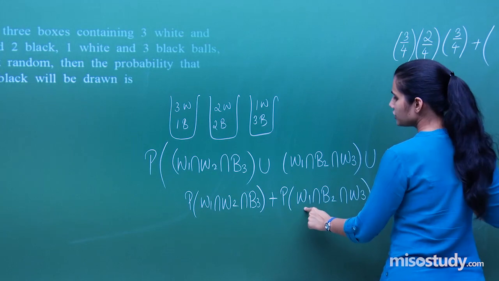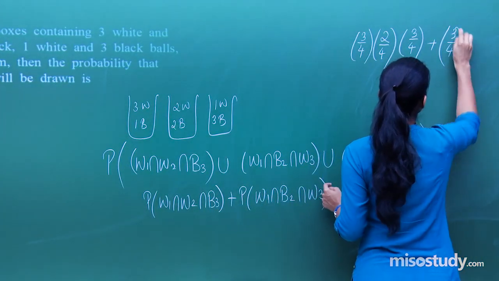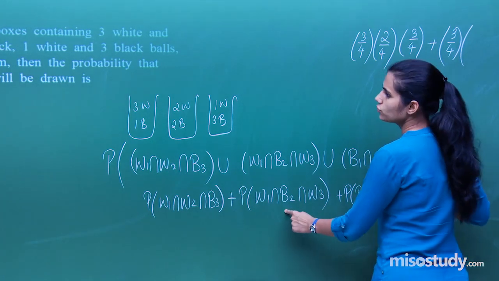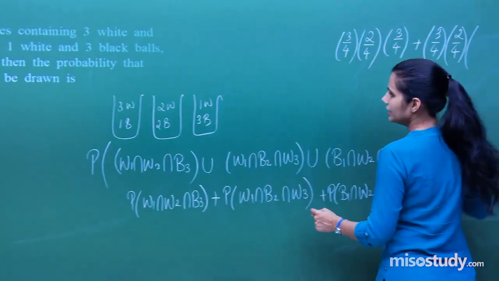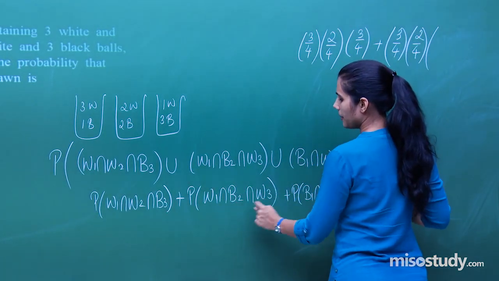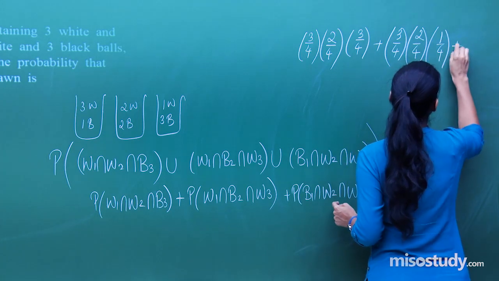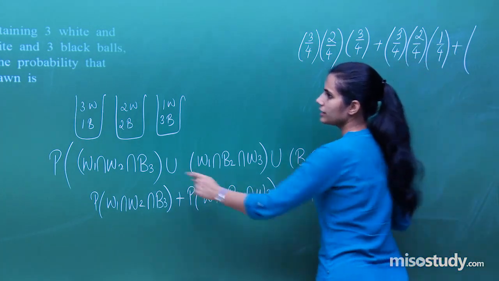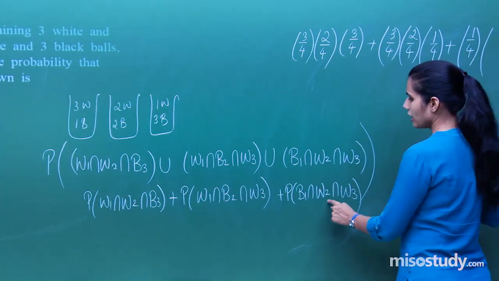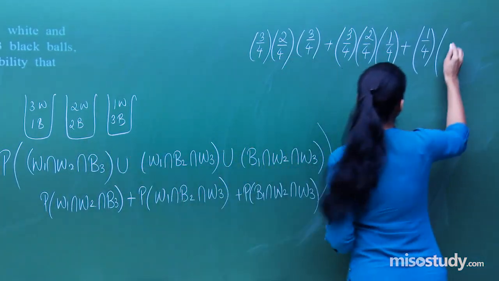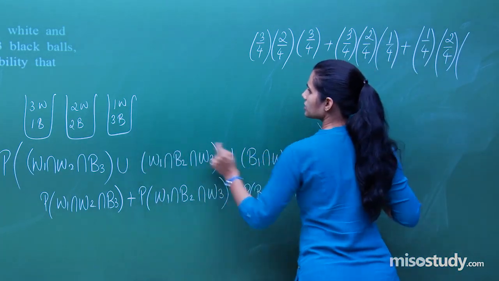Plus, then you have probability of W1 again it is 3 by 4, into B2, this is 2 by 4, into, then this is W3, which is 1 by 4. In the end you have B1, which is 1 by 4, then you have W2, which is 2 by 4, and then you have W3, which is 1 by 4.